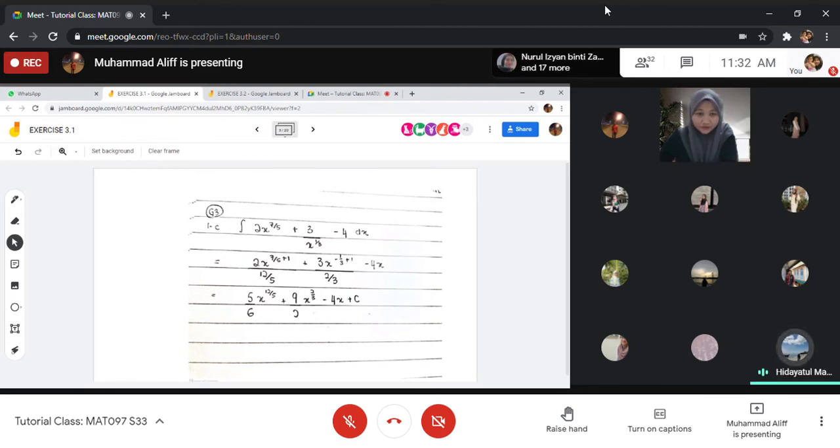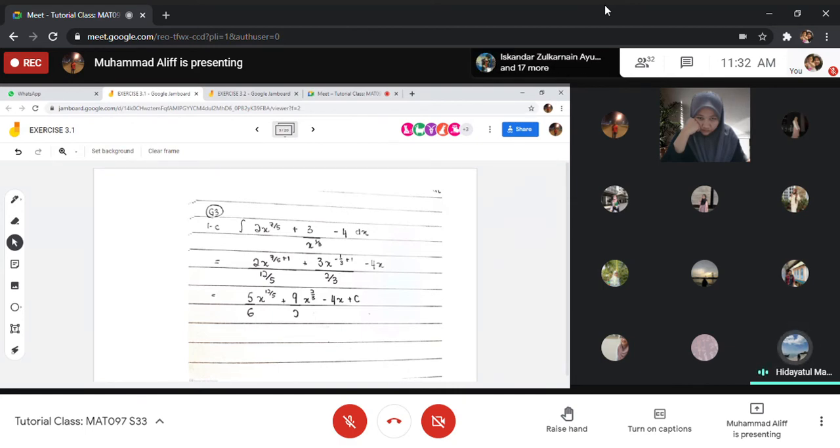So I integrate 2x to the power 7 over 5 plus 3 over x to the power 1 over 3 minus 4. Then I integrate it: x to the power 7/5 plus 1 gives 12/5, plus 3x to the power 1/3, which I bring up, so negative 1/3 plus 1, over 2/3, and integrating 4 we get negative 4x.